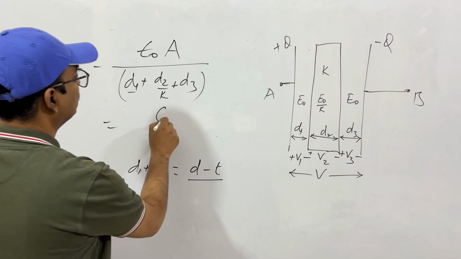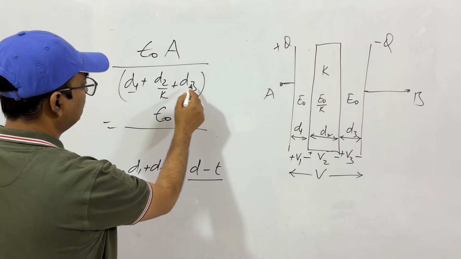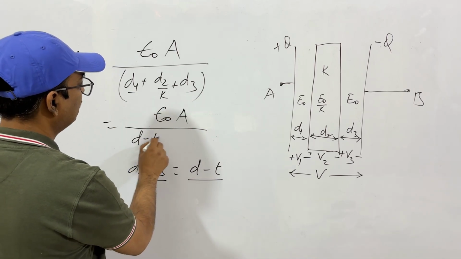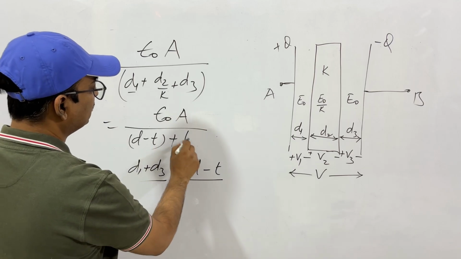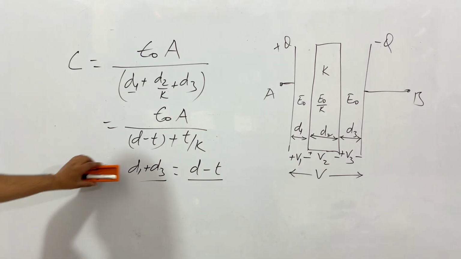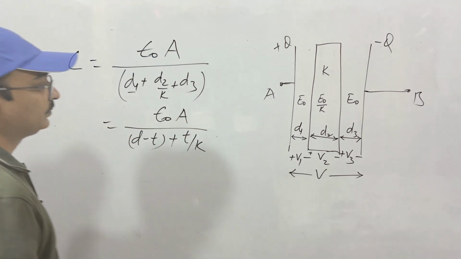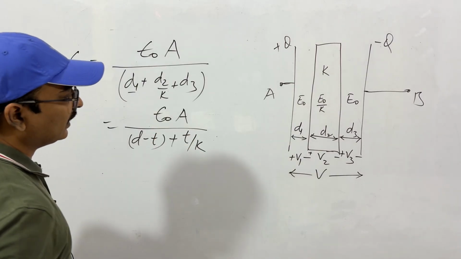So you can put it here. You will get epsilon 0 A divided by d1 plus d3, so d minus t, plus d2, that is t by K. So this way also you can write. This can be actually generalized.